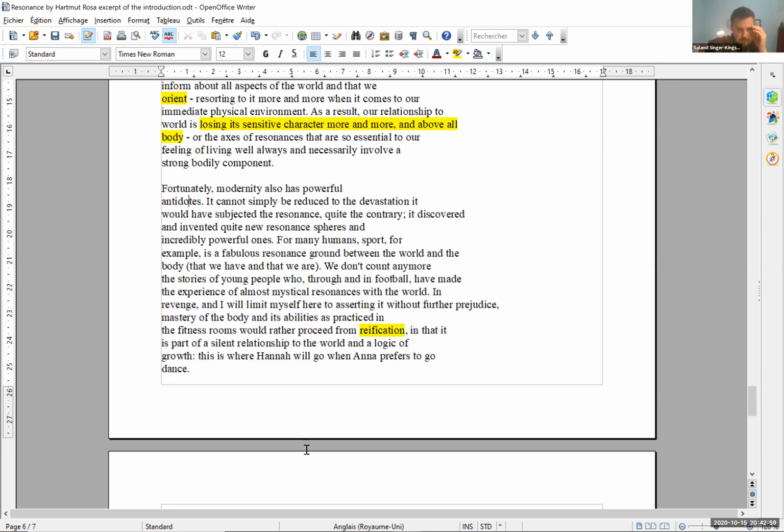The bit that stood out for me in this was about the difference at the end between Hannah choosing to go to the gym and Anna preferring to go to dance.